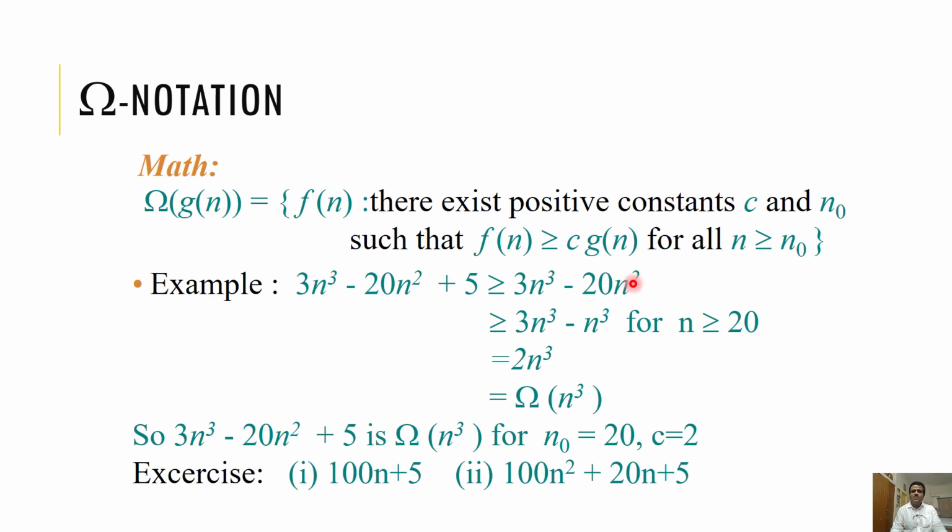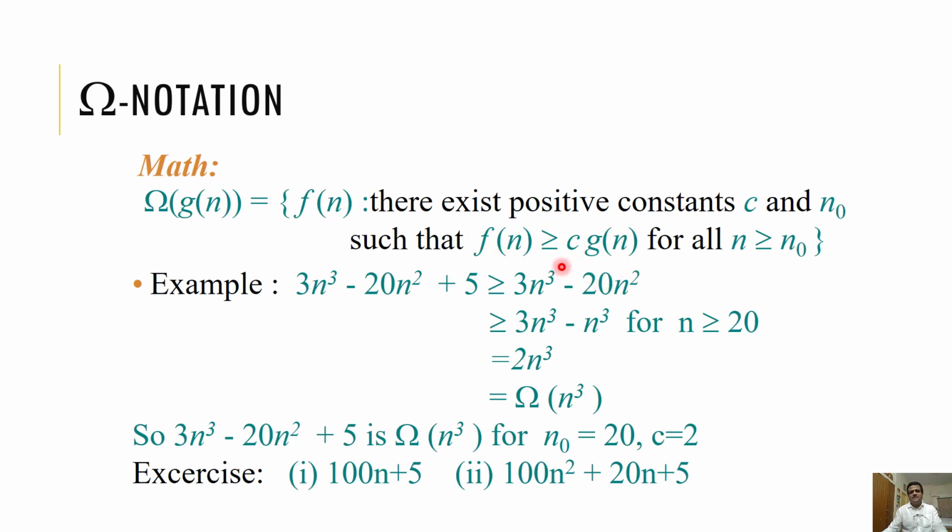For certain algorithms we can show that we cannot go beyond n log n. For example, for comparison based sorting algorithms we cannot go beyond n log n. To show those things we need the help of big omega notation.